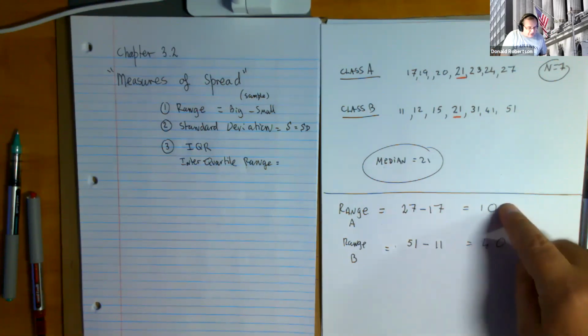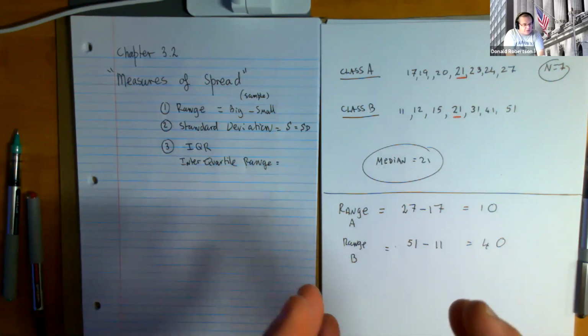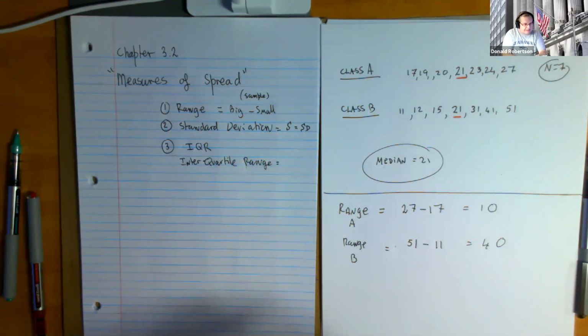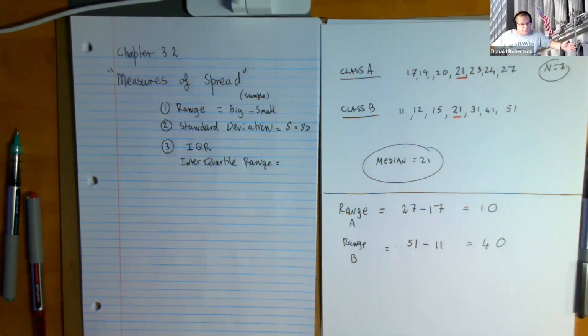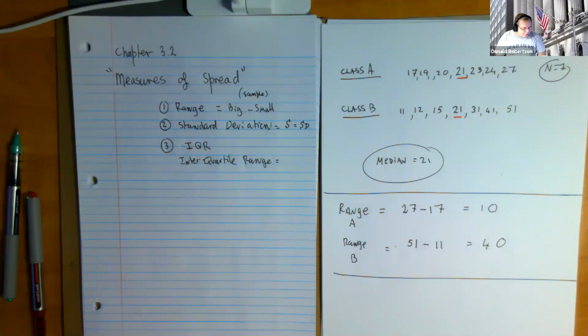If that number is very small, doesn't that mean everybody is really close to the mean or the median? And if that number is really big, it means there's a lot of variation, right? A lot of numbers are way over on the big side and other equally, probably, often numbers on the tiny side. And that's how you calculate the range. You can't get much simpler than big number take away little number, right?